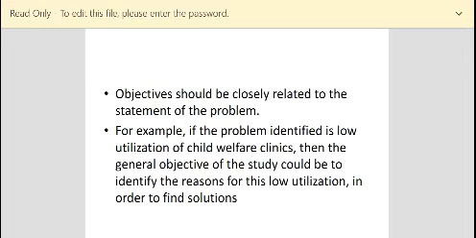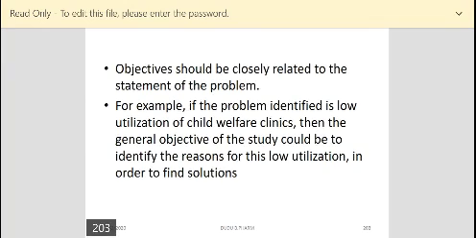That is why objectives must be closely related to the statement of the problem. For example, if the problem identified is low utilization of child welfare clinics, then the general objective of the study could be to identify the reasons for this low utilization in order to find solutions.